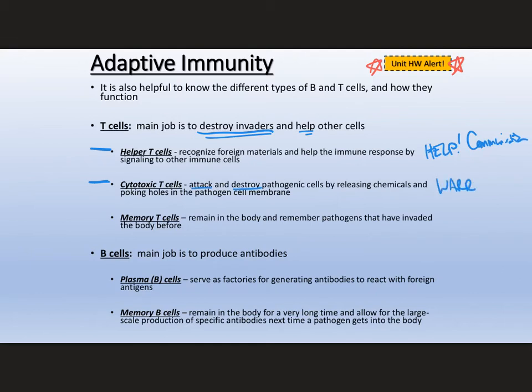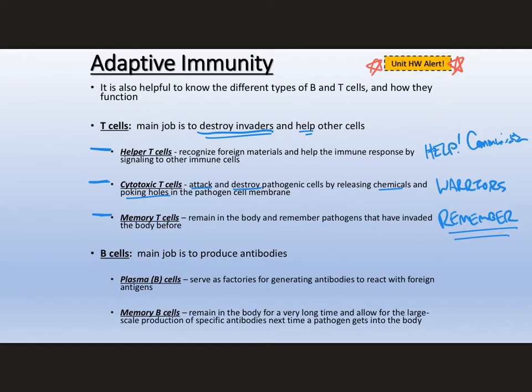These are the warriors of your immune system. They'll go out and really destroy invaders. They're pretty cool. They release nasty chemicals and physically poke holes in the membranes of pathogens. And then you have memory T cells, which are exactly what they sound like. These remember an invader for later, and we'll come back to that idea in a minute too.